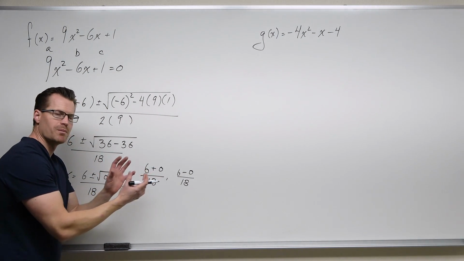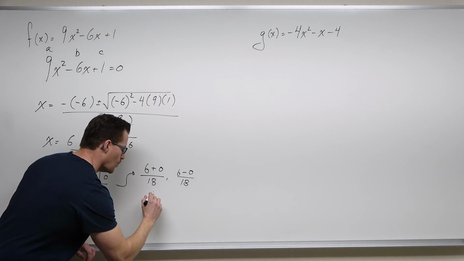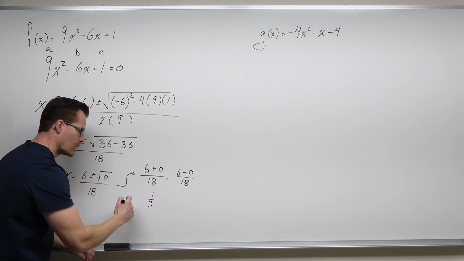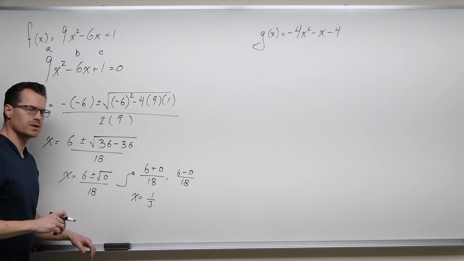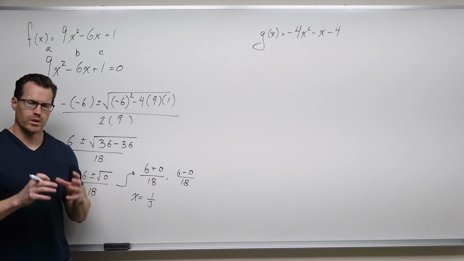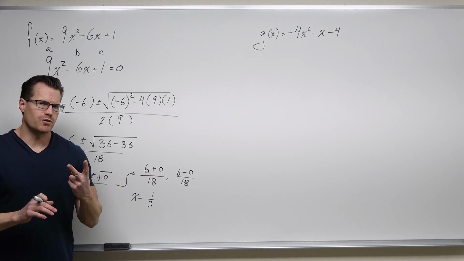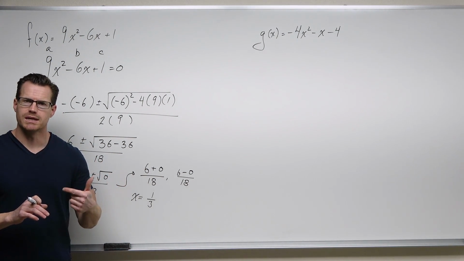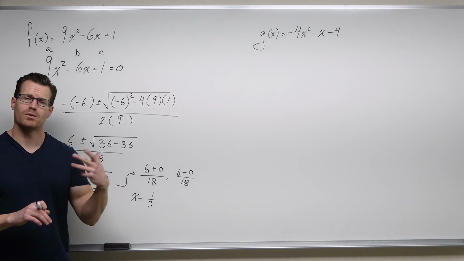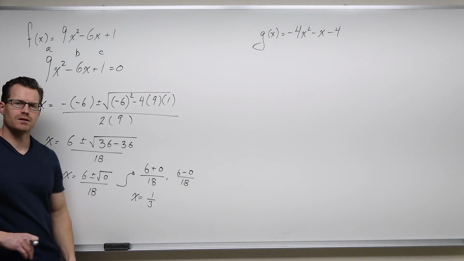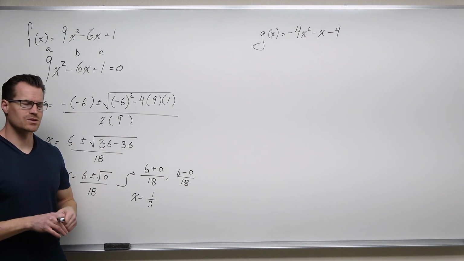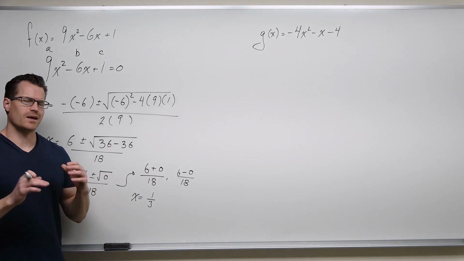You can get the same number back, whether you add it or subtract it. That's 1/3, and again 1/3. This is the only real solution, 1/3. It's not imaginary, there's no i in it. There's not 2 of them though, so this is the only time that you would get 1 x-intercept and 1 real solution, if your discriminant is 0. That's what that tells you. I just want to make sure I reiterated that one more time.